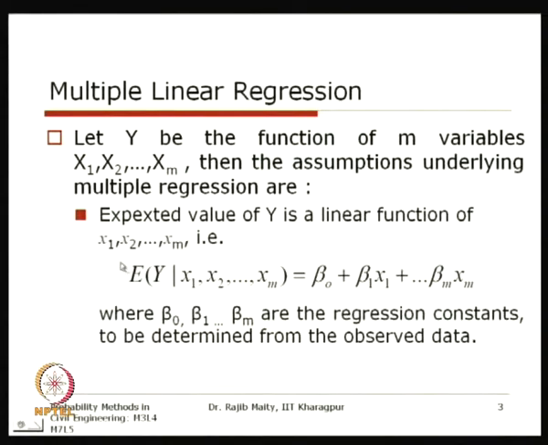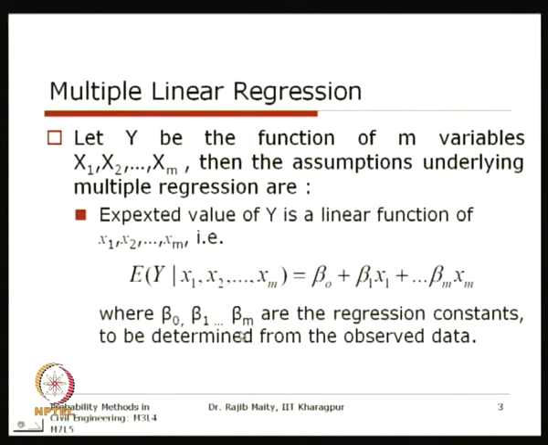Now, suppose that n data points are available. Then we have n values of x1, n values of x2, and n values of xm. Through those n points, we have to fit one plane surface.